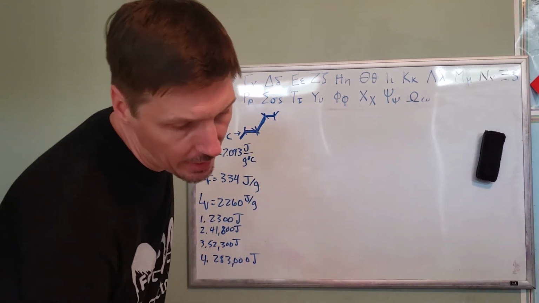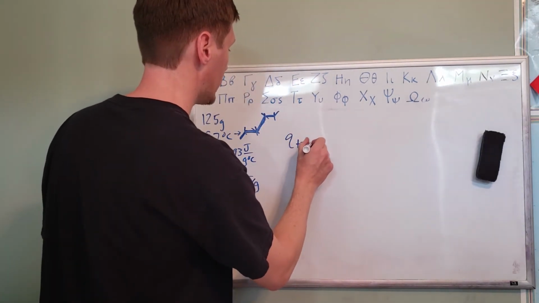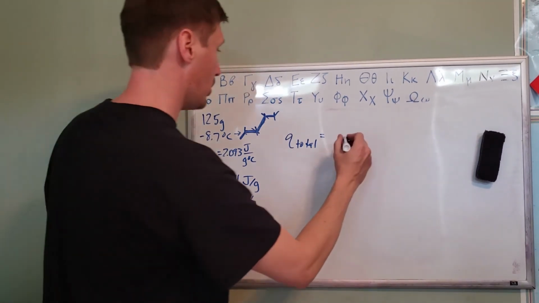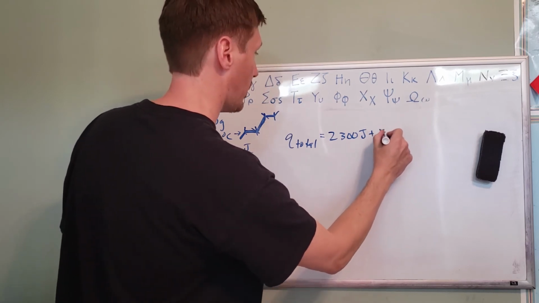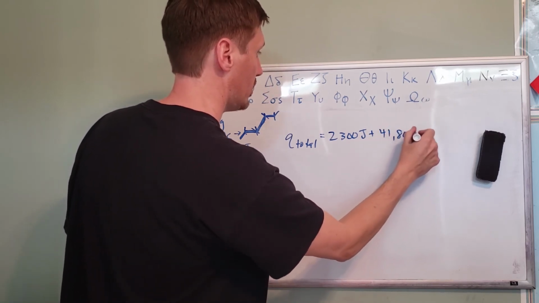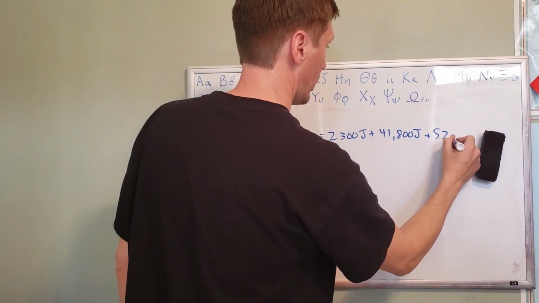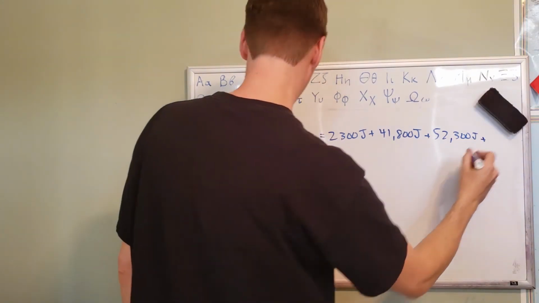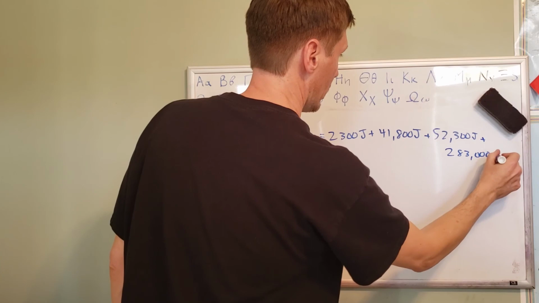So the final answer to this problem, the Q total, is just going to be all of these energies added together, right? So 2,300 joules plus 41,800 joules plus 52,300 joules, and then plus 283,000 joules.